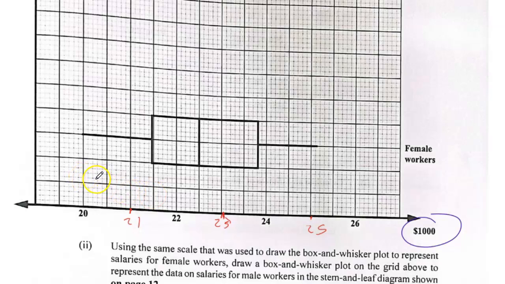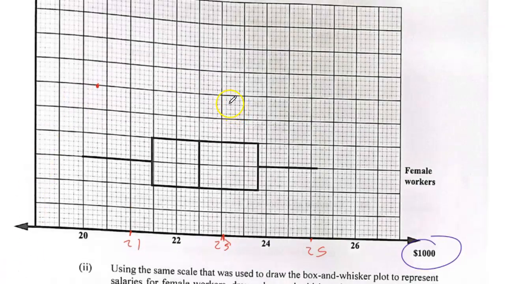So 20.3, we'll go 3 thin lines past 20, so 20.3 would be about there. And the largest value will be 25.5, which would be midway between 25 and 26. So that's the range taken care of.